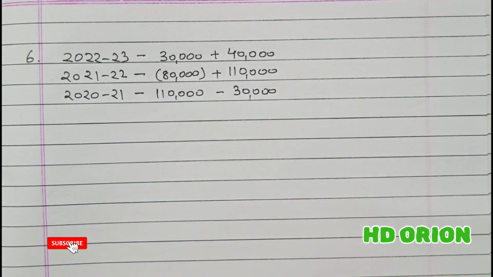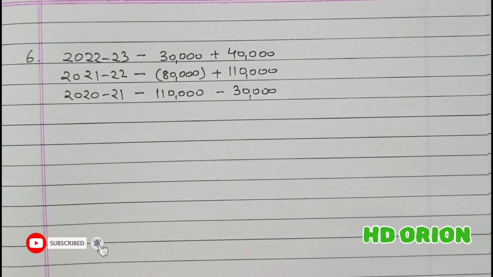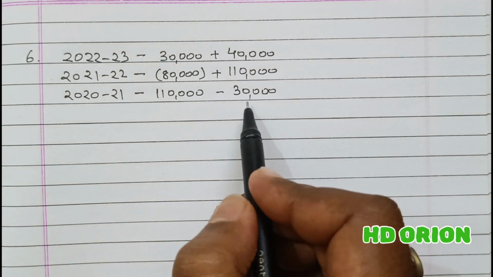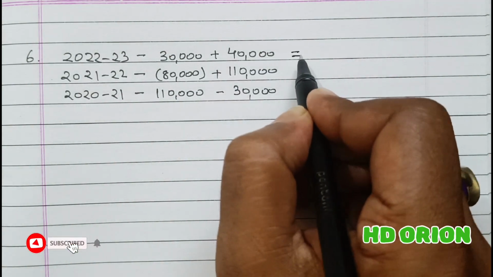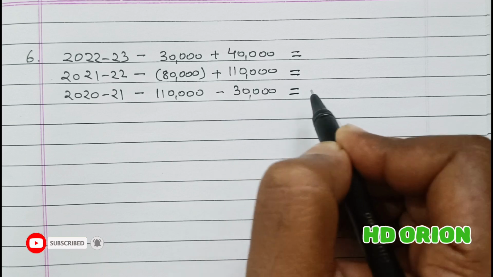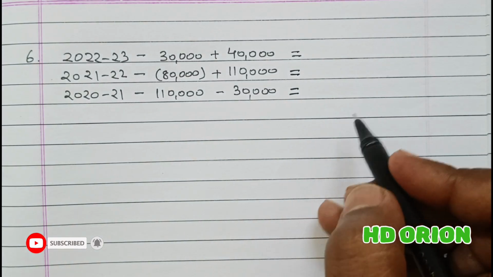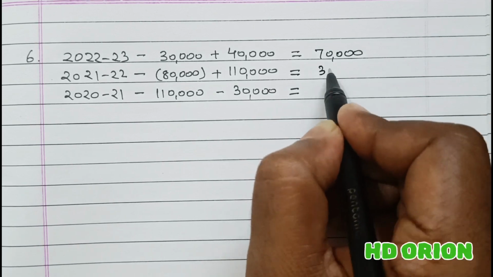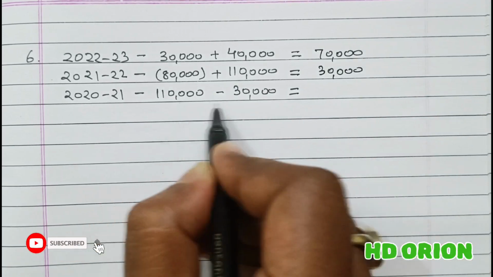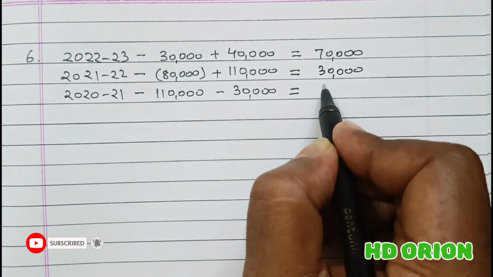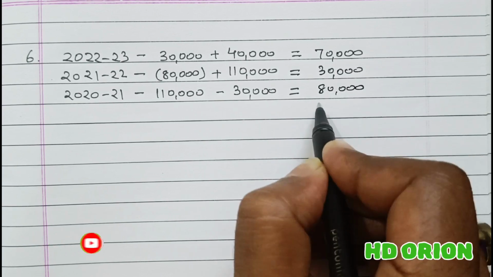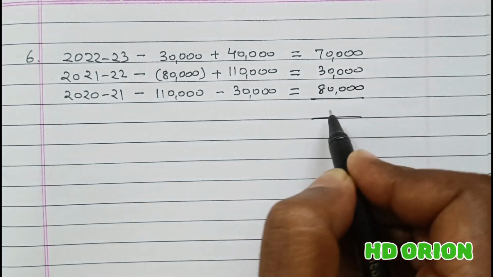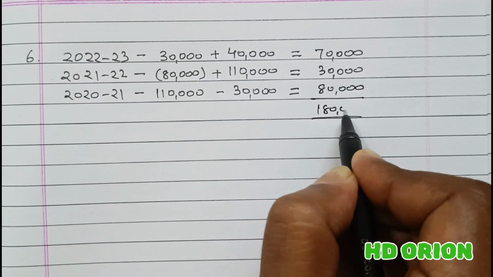Fixed assets like furniture or some fixtures, something they might have sold, and it has resulted in a gain of rupees 30,000, so we will eliminate it. Now whatever profit we get are the normal profits of those years, and this is 70,000 rupees, then 30,000 rupees, and here when you add it is 80,000 rupees, grand total of which is rupees 1,80,000.